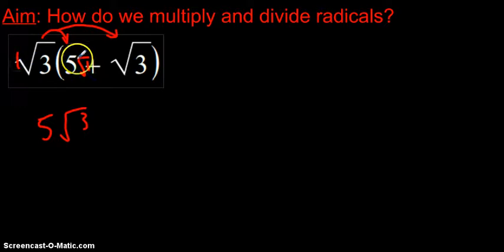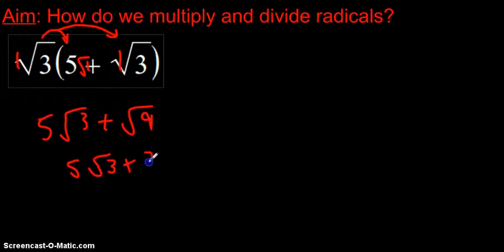And 1 here. So same thing here. There's no coefficient, so it can be assumed to be a 1. 1 times 1 is 1. And radical 3 times radical 3 is radical 9. So let's simplify radical 9, and we'll get 5 radical 3 plus 3. Alright, so you can distribute and combine terms if possible, but in this case there were no terms to combine. Let's look at another example.